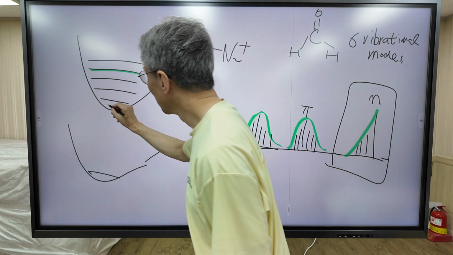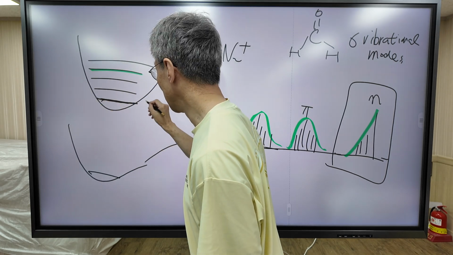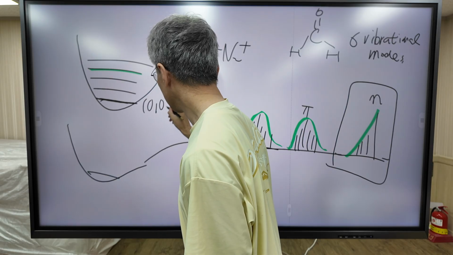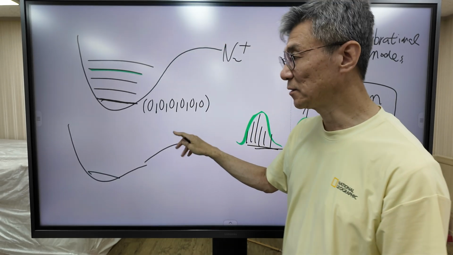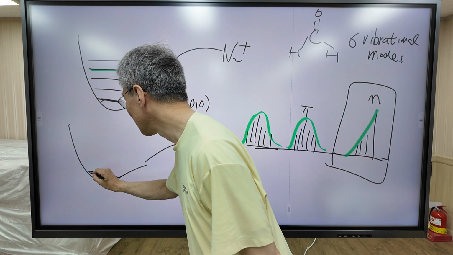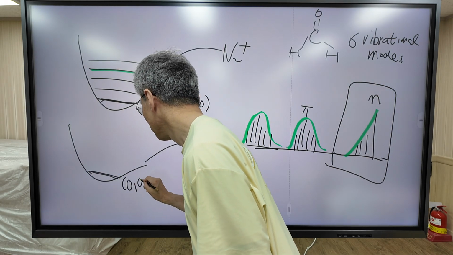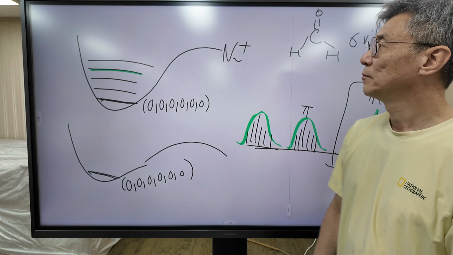So actually, the vibrational quantum number of this state is 0, 0, 0, 0, 0, 0. This is the actual vibrational quantum number. Similarly, the vibrational quantum number of this state is also 0.